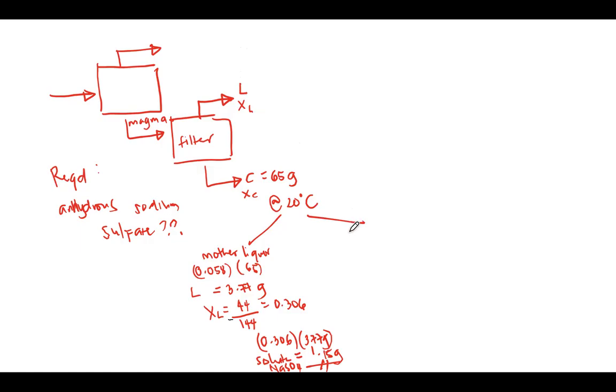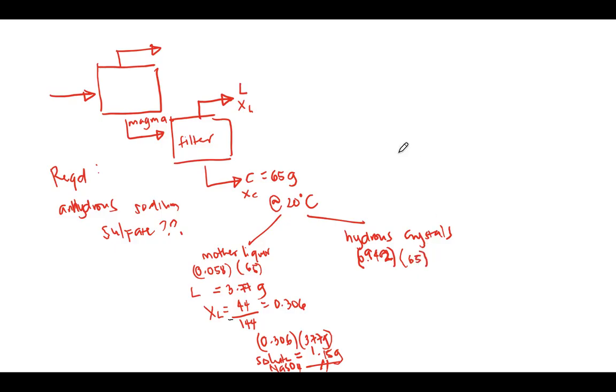So, our hydrous crystals are 94.2%, so 0.942 times 65.